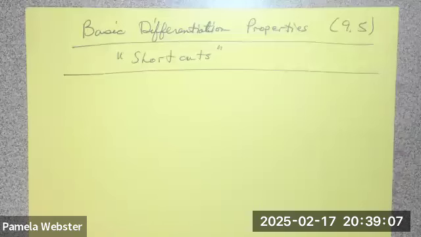Okay, everybody. We're going to take just a half a step back right now and think about the topic of derivatives. We spent a good chunk of time earlier this week working on derivatives and the definition and how to work out that four-step process by hand.